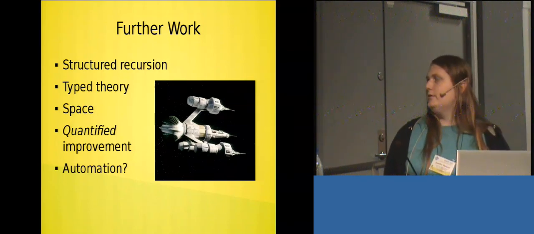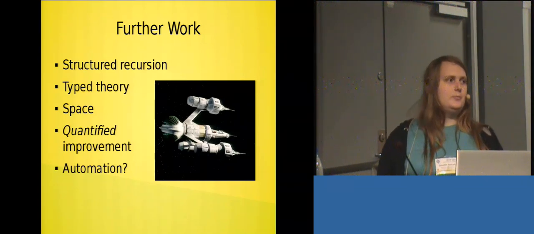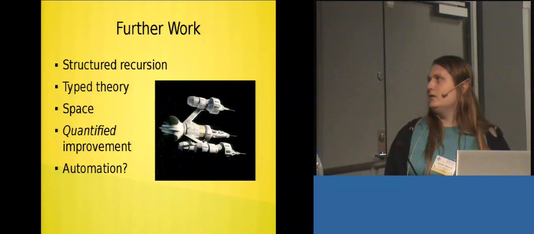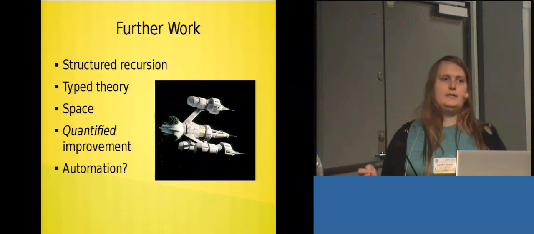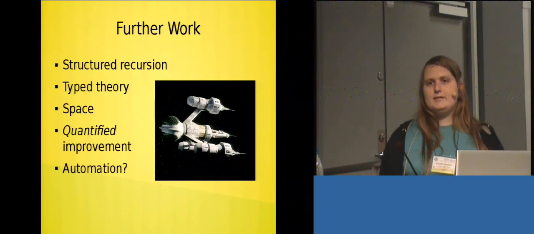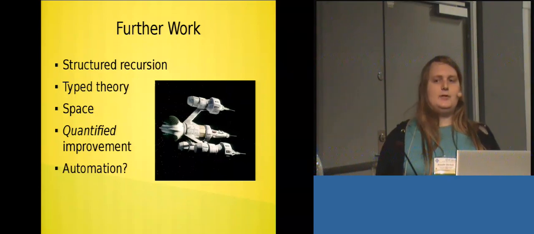And finally, automation. The worker wrapper transformation has been automated in the HERMIT system, which is a system for applying program transformations. It would be nice to implement improvement theory in a system like that, because, like I say, there are a lot of fiddly details to the proofs.